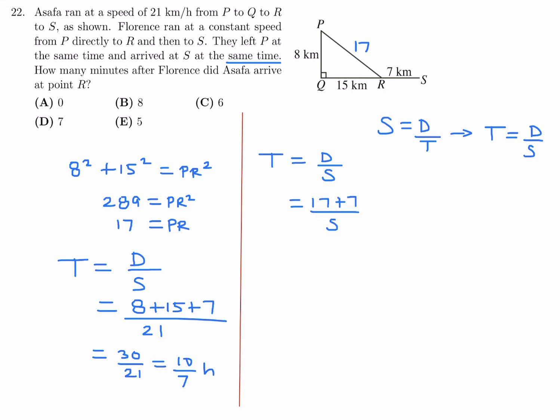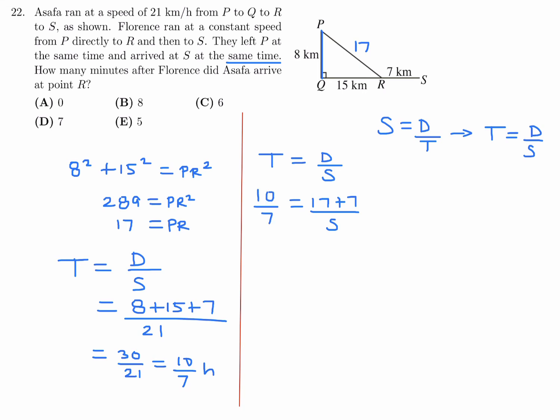But her speed we don't know. But that's okay, because her time is equal to Asafa's time. Remember, the time that it takes her to go all the way to S is the same as the time it takes Asafa to go all the way to S. So Asafa's time we calculated was 10 over 7, and that is equal to Florence's time. So 10 over 7 goes here.